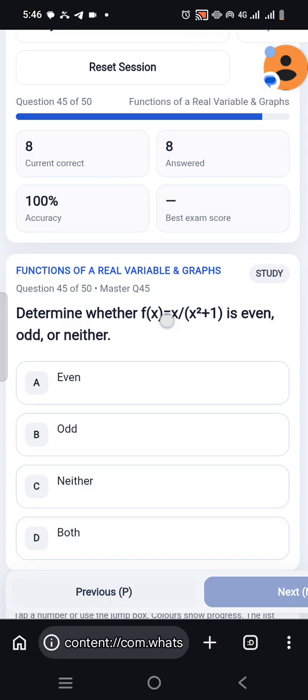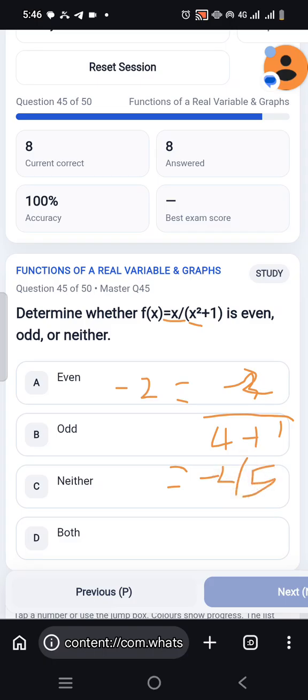Of course this s is an odd function, but let's just test values. Let's use 2 and minus 2. When I use minus 2, that will be minus 2 all over minus 2 squared, which is 4, plus 1. So that will be minus 2 all over 5. Then for 2, that will be 2 all over 2 squared, which is 4, plus 1, that is 2 all over 5.